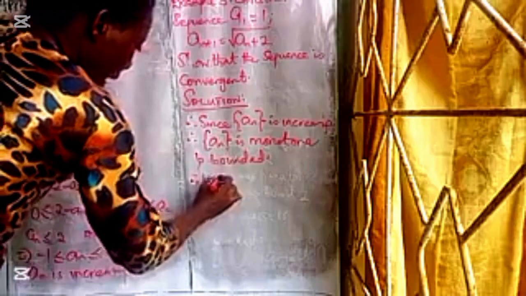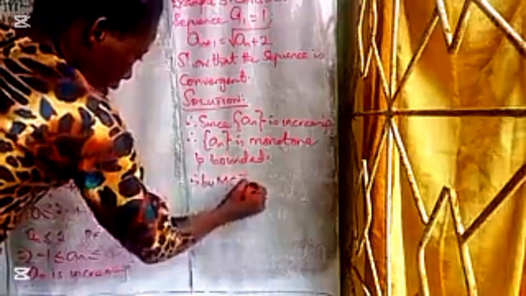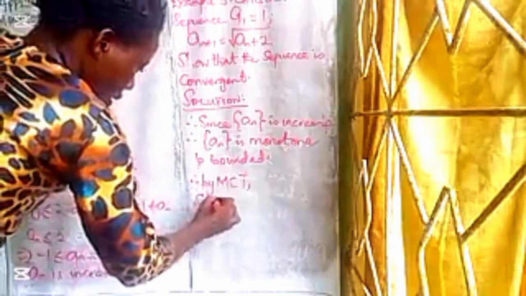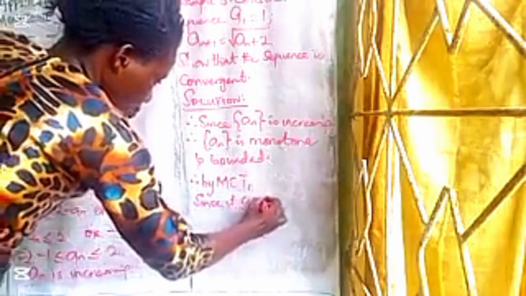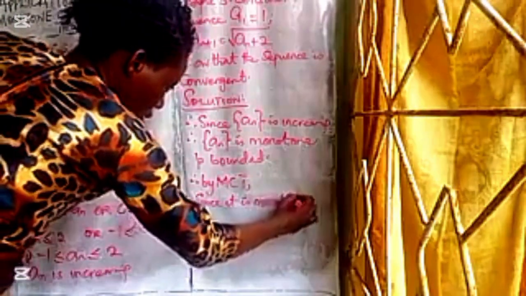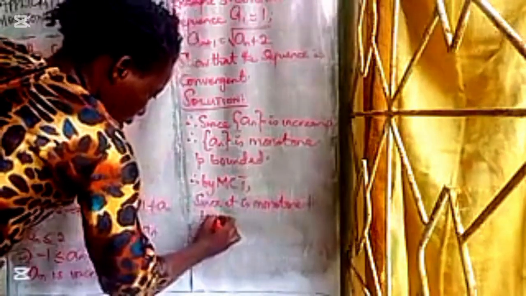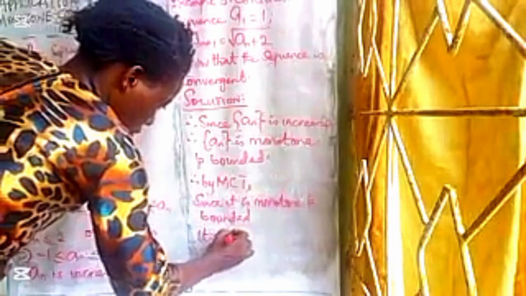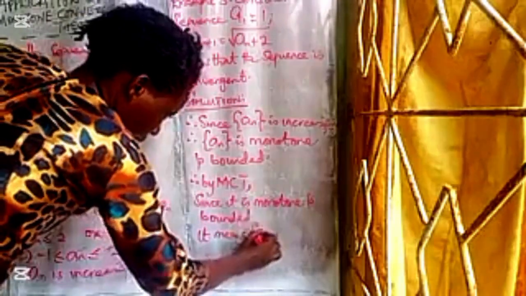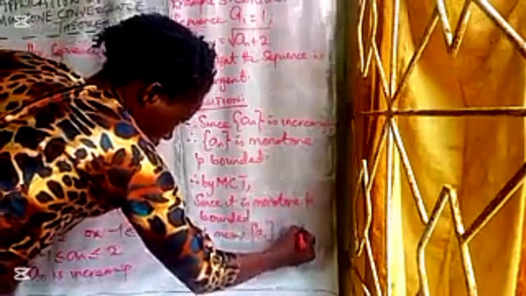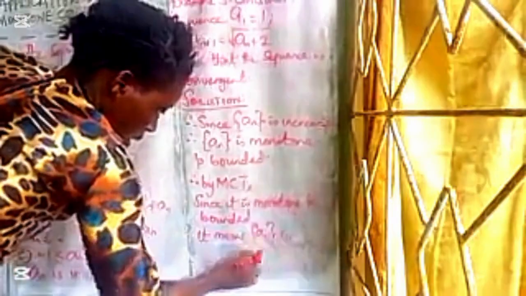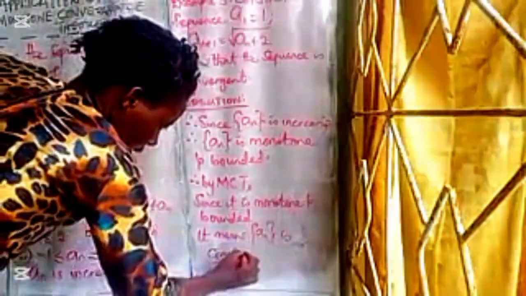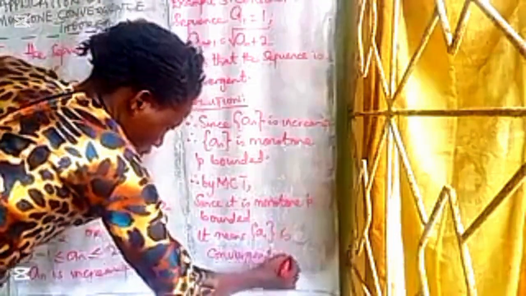Therefore, by the MCT, since it is monotone and bounded, it means that what? It means that a_n is converging.